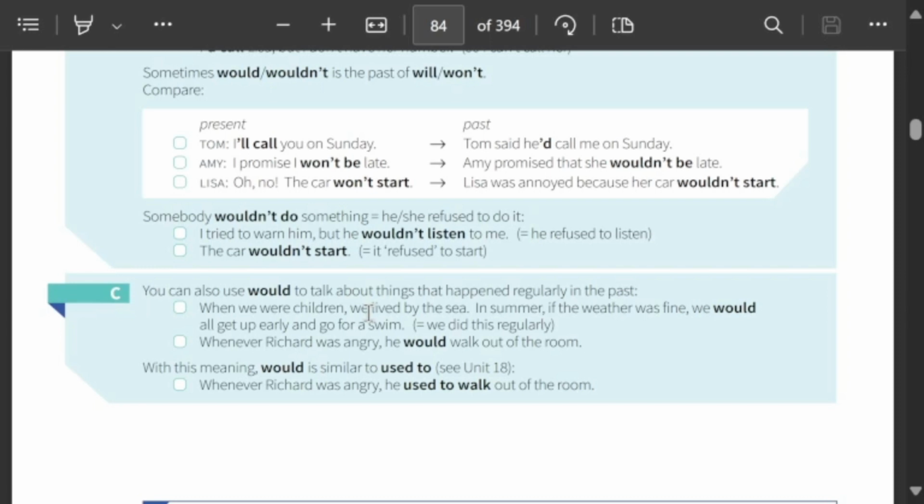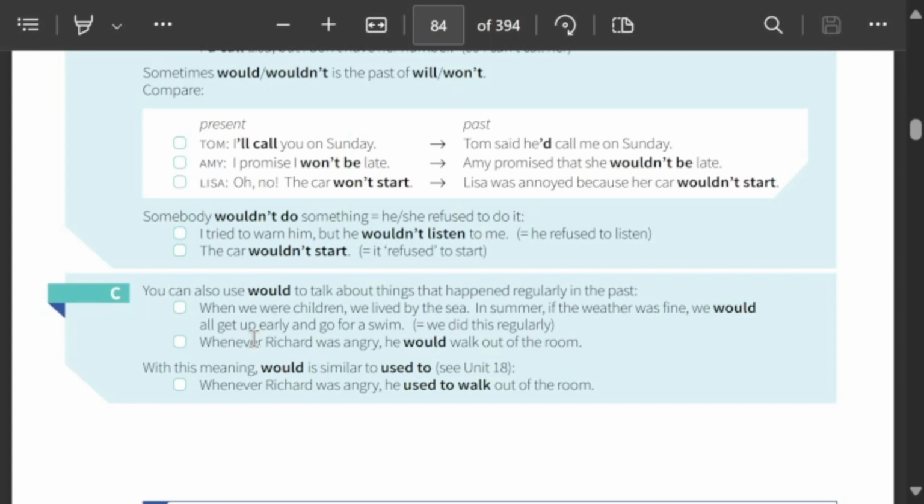Present simple? What do you mean? Here it's simple past. You could use present simple: whenever Richard is angry. It doesn't mean he's angry now, but whenever he is angry, then something happens.